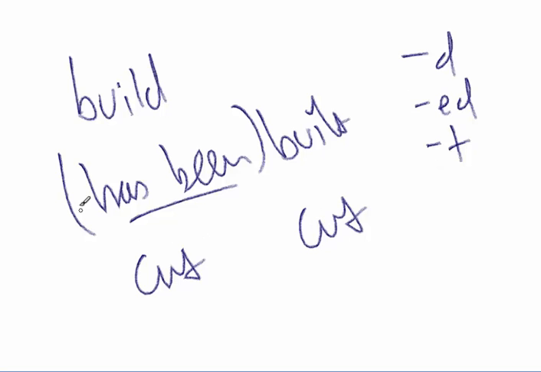But the easiest test is just to use has been or have been or had been and then use that form of the verb. Okay? So weave, for example, the curtains had been woven from silk. Okay? So we know that weave is then woven because had been woven. Which actually reminds me, the other usual thing for an irregular verb for the past participle would be an en, like in woven.